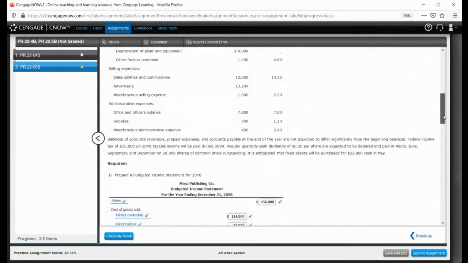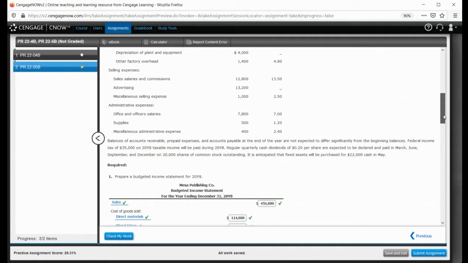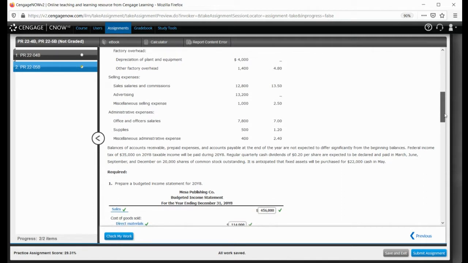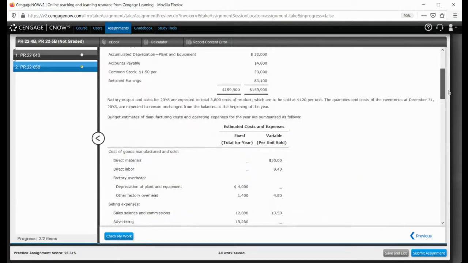And just like with the accounts receivable and the prepaid expenses and the accounts payable, it tells you in here that your inventories are not going to be that different.